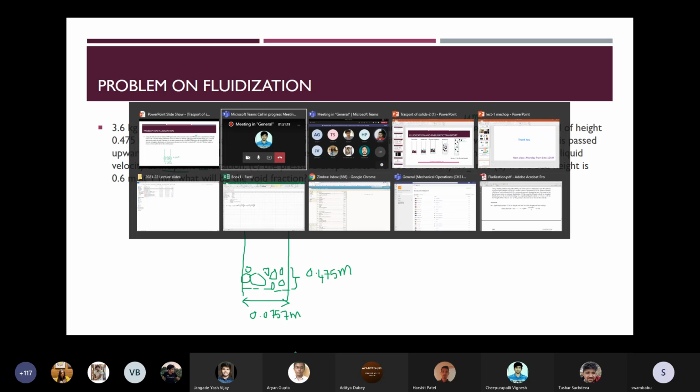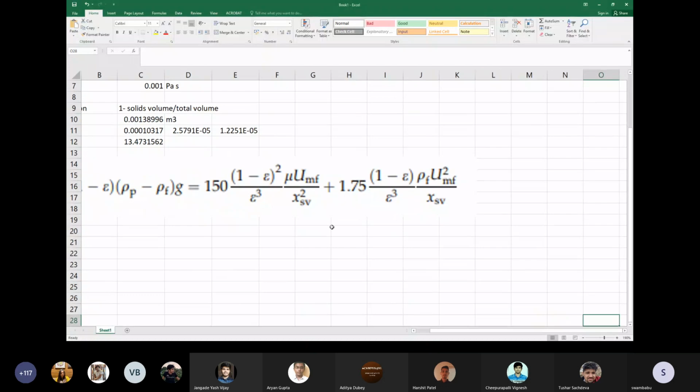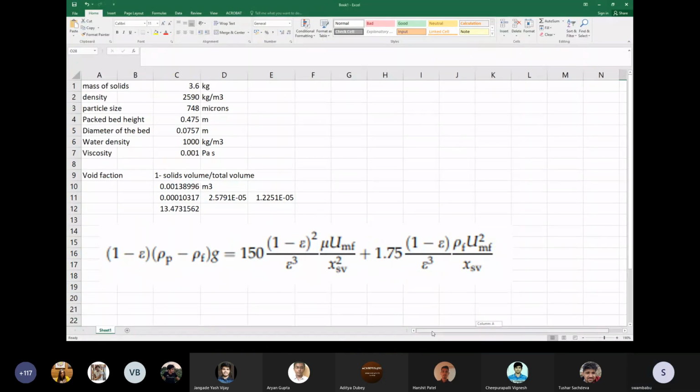Here I just listed the properties. Mass of solids is 3.6 kg, density is this one, and particle size is 748 micron. Packed bed height is 0.475, then the diameter of the bed, water density, and viscosity. First of all, we have to find the void fraction.